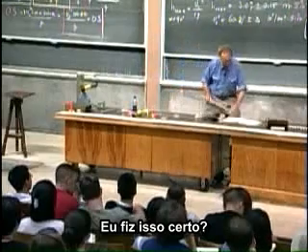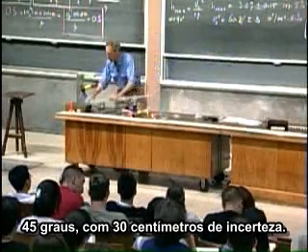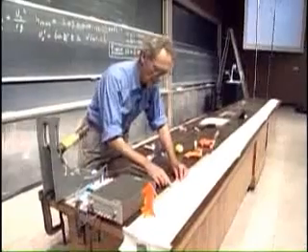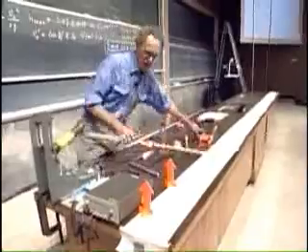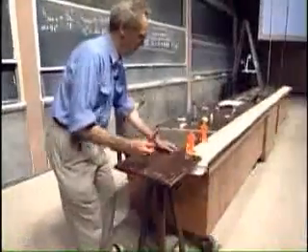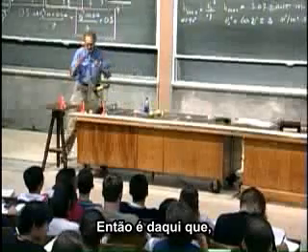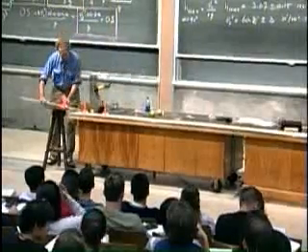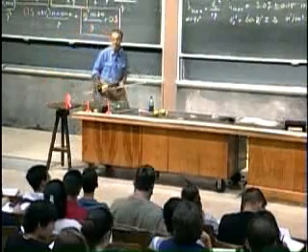Did I do that right? That is correct. 45 degrees, a 30 centimeter uncertainty. That is all the way up to here. And then the next one, roughly 30 centimeters. So that's where, if our calculations make sense, that's where the ball should hit.